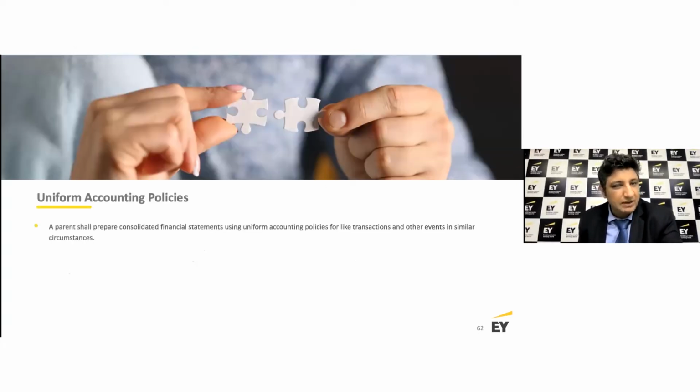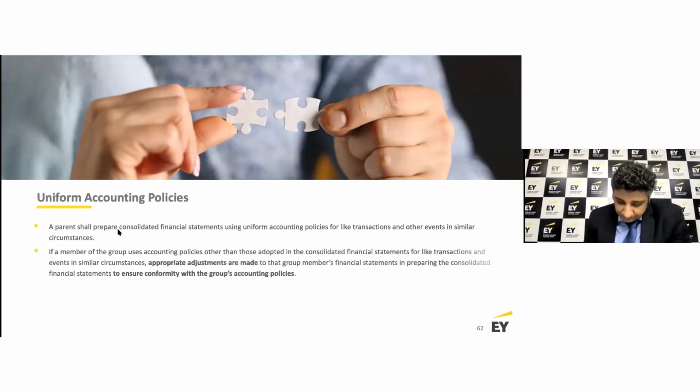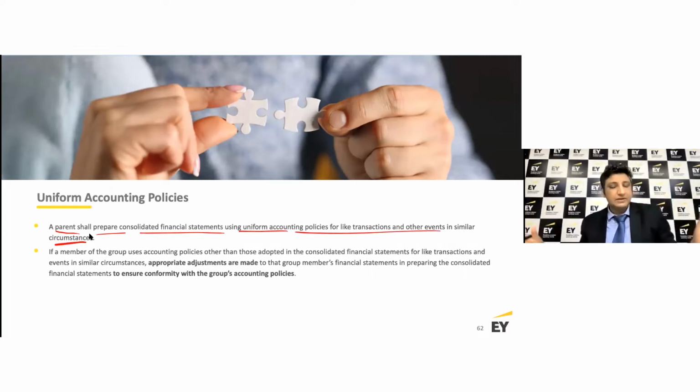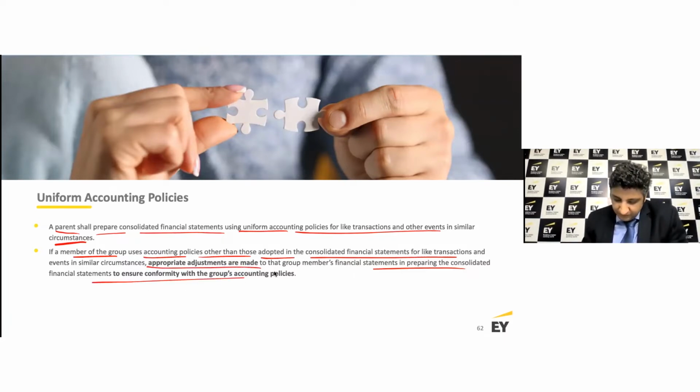So uniform accounting policies are all about this: when a parent is preparing the group financial statements, they need to ensure that at a group level, similar accounting policies are followed, right? In case any member of the group uses some other accounting policies, then they need to make adjustments for these differences.